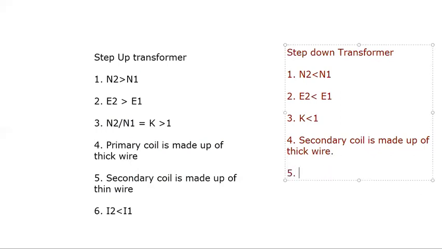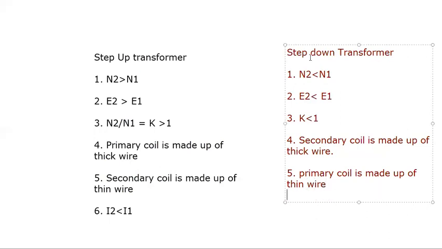Then 5, we can say that the primary coil is made up of thin wire, right? So that is one of the things. And obviously point number 6, we can point out that I2 is greater than I1. So the current through the primary is going to be less as compared to that of the secondary. Because it's exactly the reverse of each other.